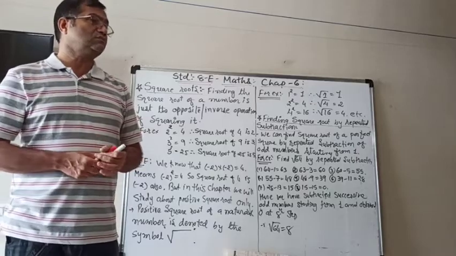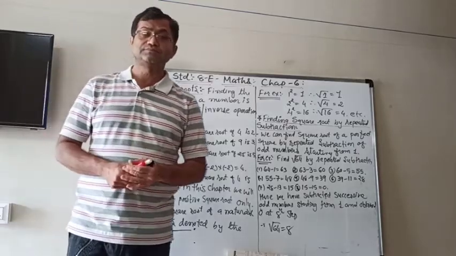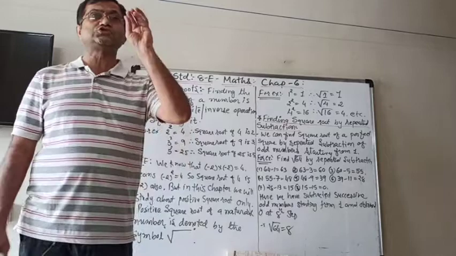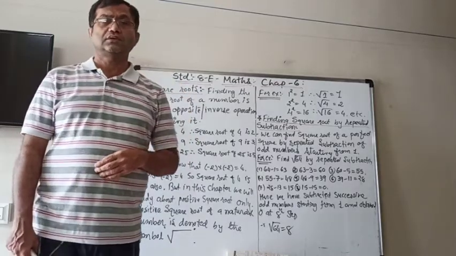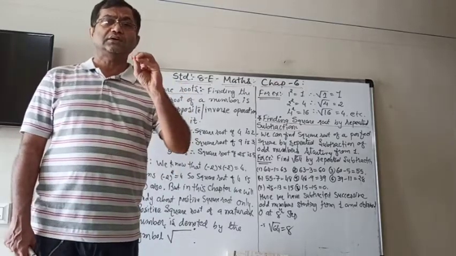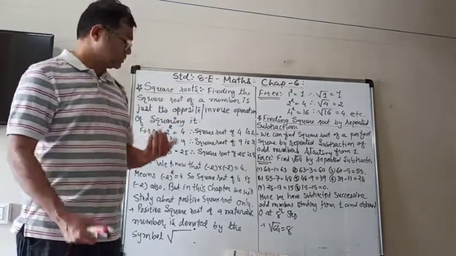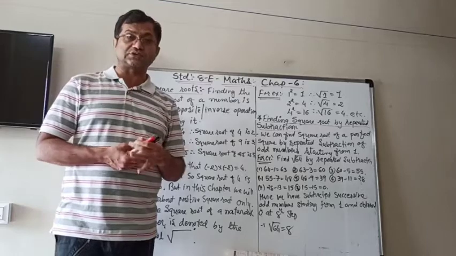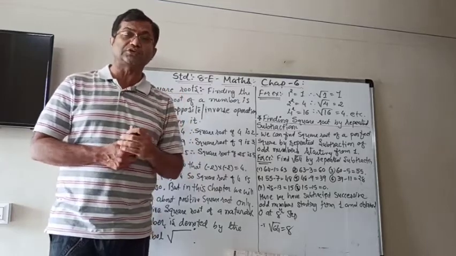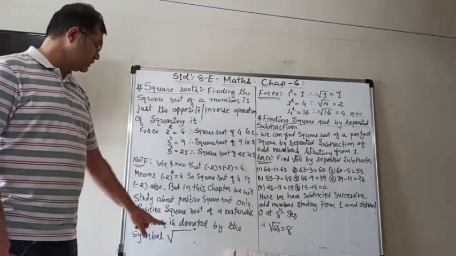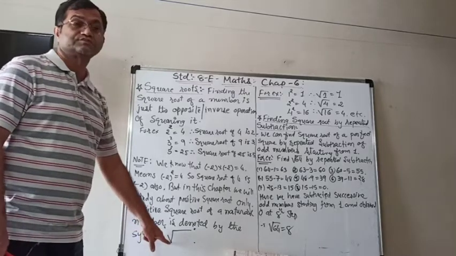Now, the symbol. We know that when you put 2 on a number as a power, it becomes a square. The reverse process is square root, and the positive square root is denoted by this symbol.